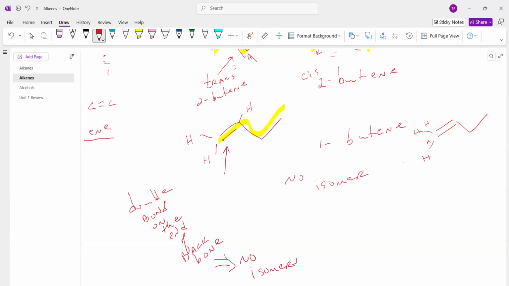Now, if we had a different H, like one with a neutron in there, that would be called deuterium, or with two neutrons, that'd be tritium. But if these H's are equivalent, nothing weird or exotic about them, then there are no isomers. Okay?